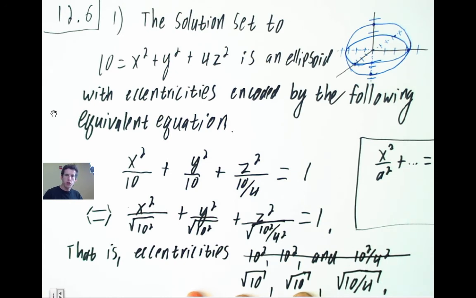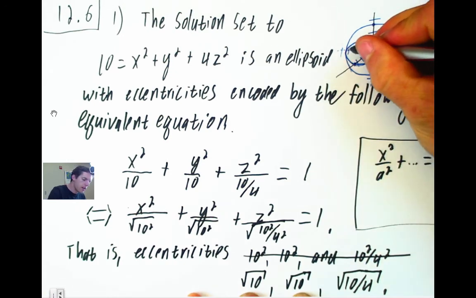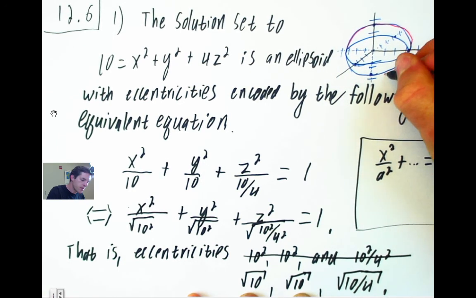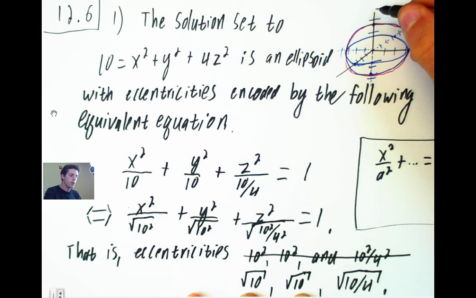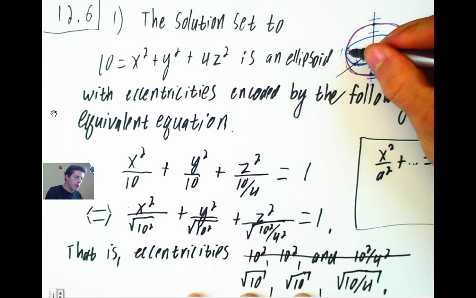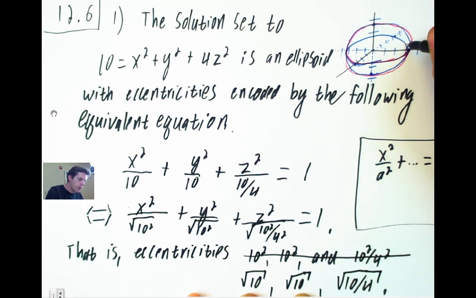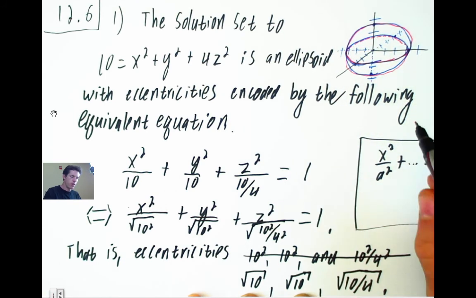So maybe what I'll do is I'll go back over this in red, and I'll make this ellipse here in the YZ plane solid, and I will make the front part of this ellipse solid in red, and in the back I'll break up the line because you're looking through the ellipse into that red part.